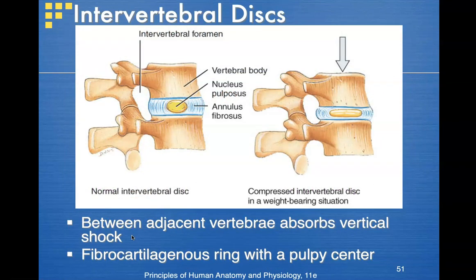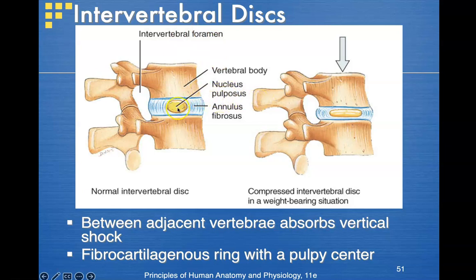So when we look at the vertebral column, in between the vertebra we have these intervertebral discs that act as kind of like shock absorbers, right? Remember that they consist mostly of fibrocartilage. So they have this fibrocartilaginous ring, and then the center of them is this squishy pulp center that we call the nucleus pulposus.